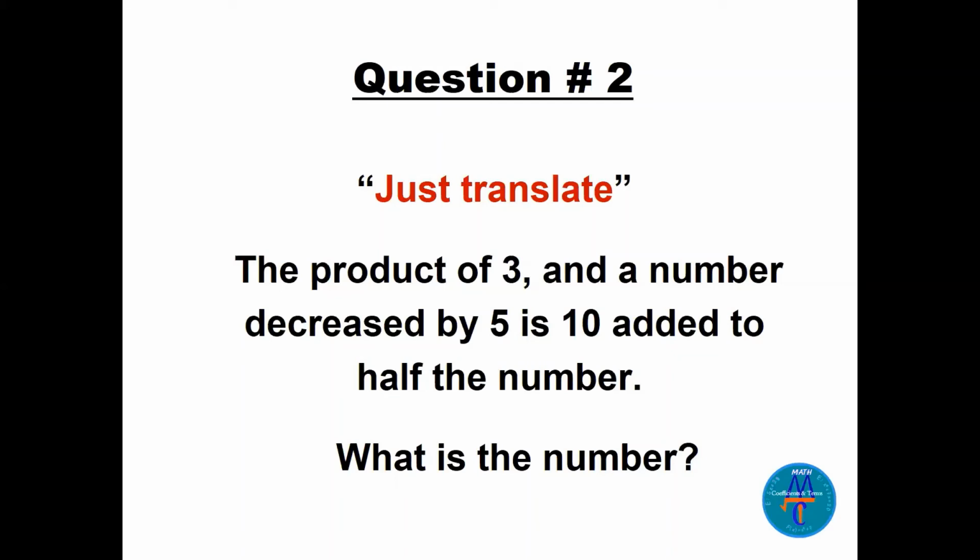But the important part here is how to translate. Product means when you multiply 2 things. A number decreased by 5, decreased, there is a minus. Added, 10, added, there is a plus. Half the number, x over 2.